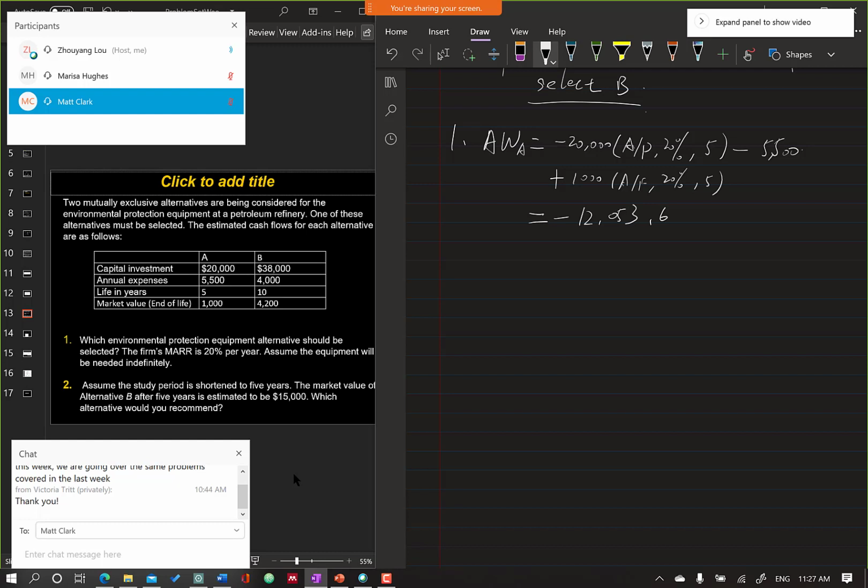That's for the annual worth of A. And now, just for clear notation, let me add the repeatability assumption.